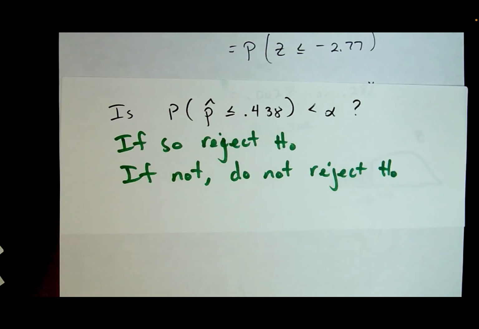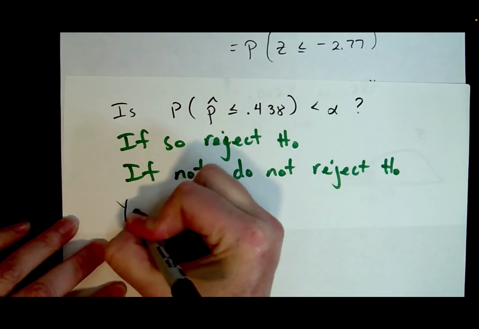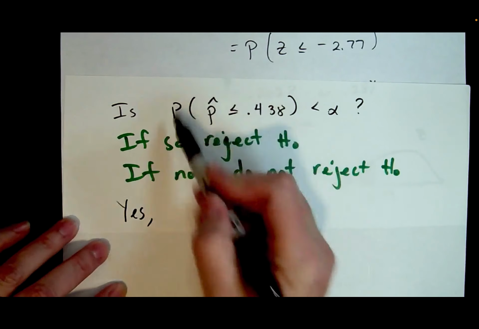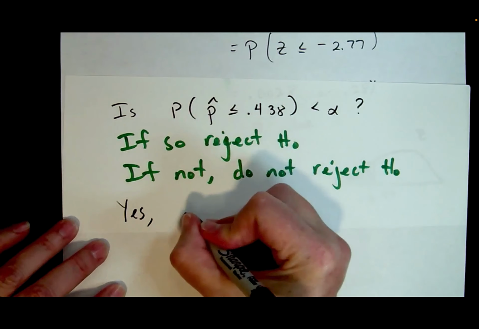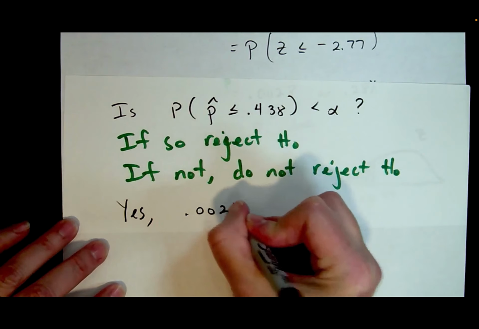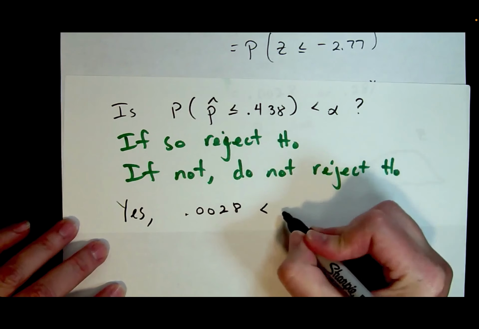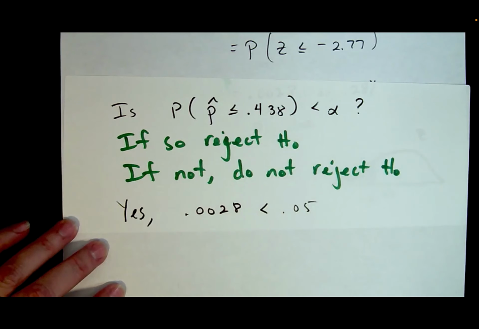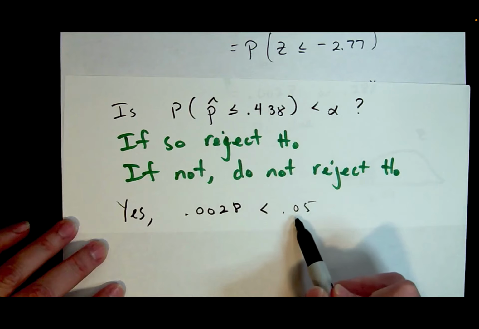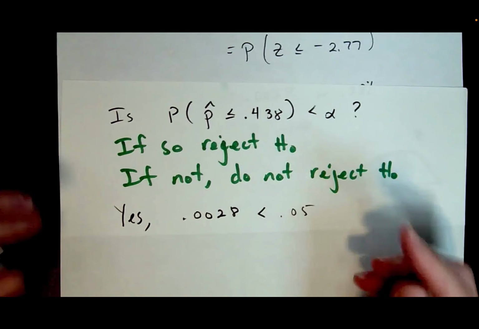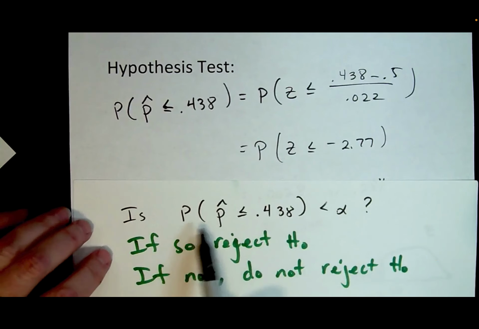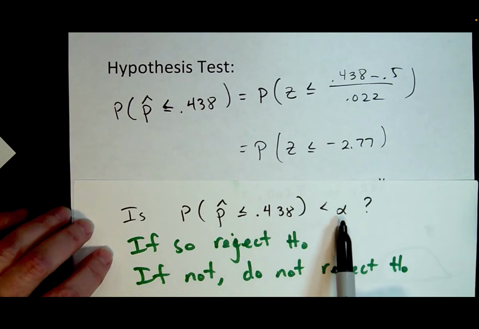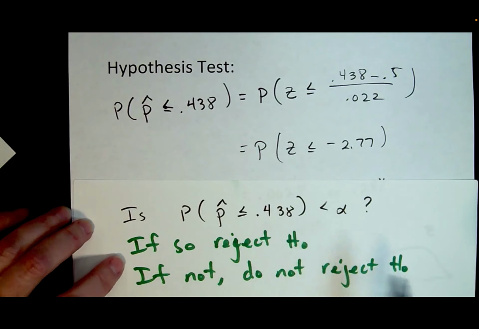Well, let's see. We're going to say yes, because this p-value that we got is 0.0028. That is less than alpha. Alpha was chosen to be 0.05. So again, if your p-value, your probability, is unlikely enough that it's less than alpha, you're going to reject H naught.